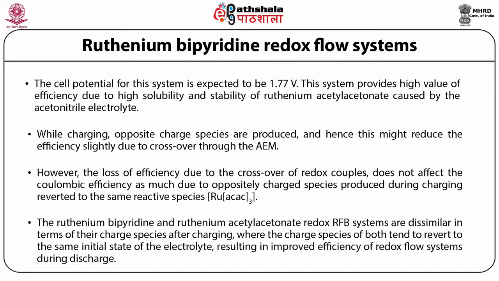The ruthenium bipyridine and ruthenium acetylacetonate redox RFB systems are similar in terms of their charged species after charging, where the charged species of both tend to revert to the same initial state of the electrolyte, resulting in improved efficiency of redox flow systems during discharge.